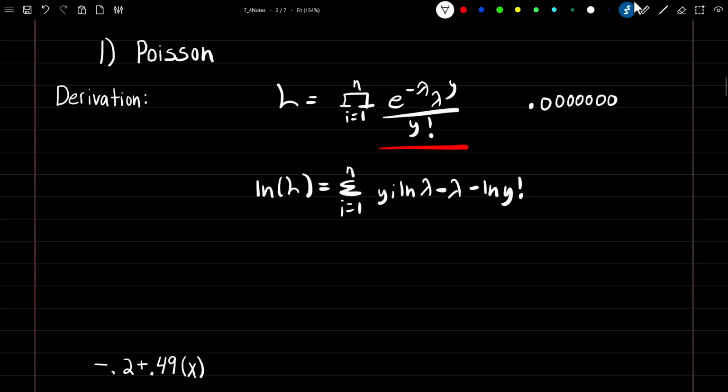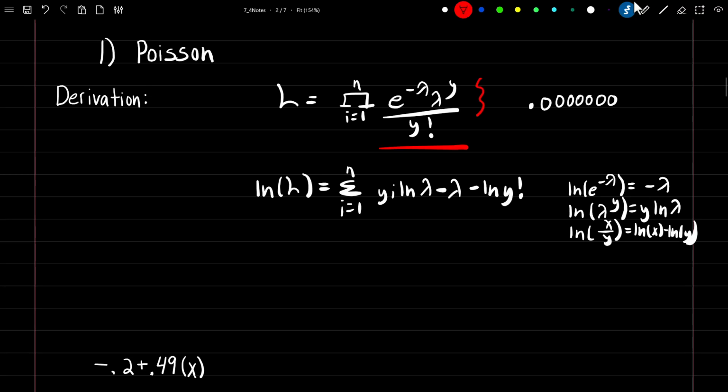And the rules we use to achieve this are: the log of e to the negative lambda is equal to negative lambda. The log of lambda to the y is equal to y log lambda. And if we take the log of a fraction, such as x over y, it's going to be equal to the log of x minus the log of y. So by applying these rules, we can get from this formula to this formula.